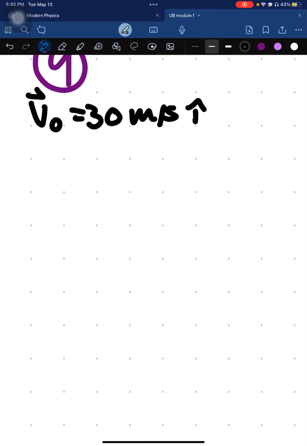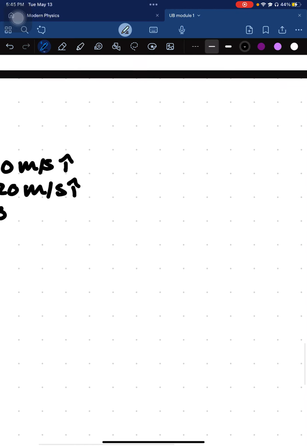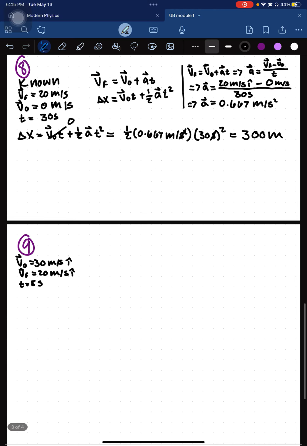So a car has a velocity of 30 meters per second I hat to 20 meters per second I hat, t equals 5 seconds. And these are going to be the same equations that we did up here. So I'm going to zoom out so I can see them as I write, just for time's sake.